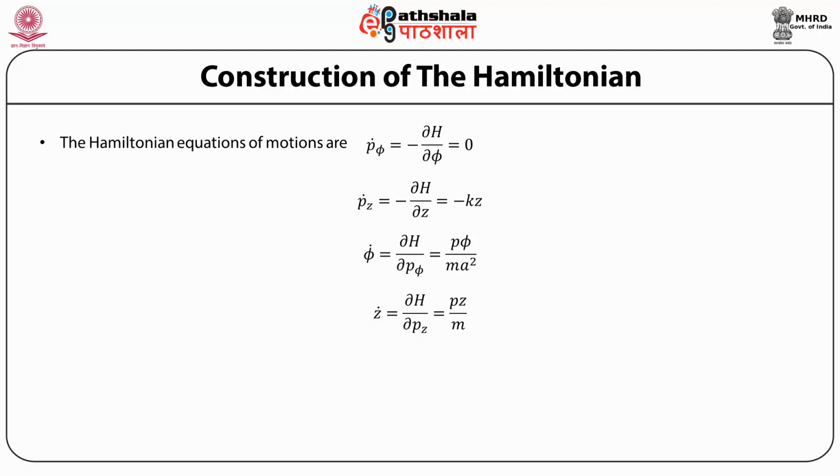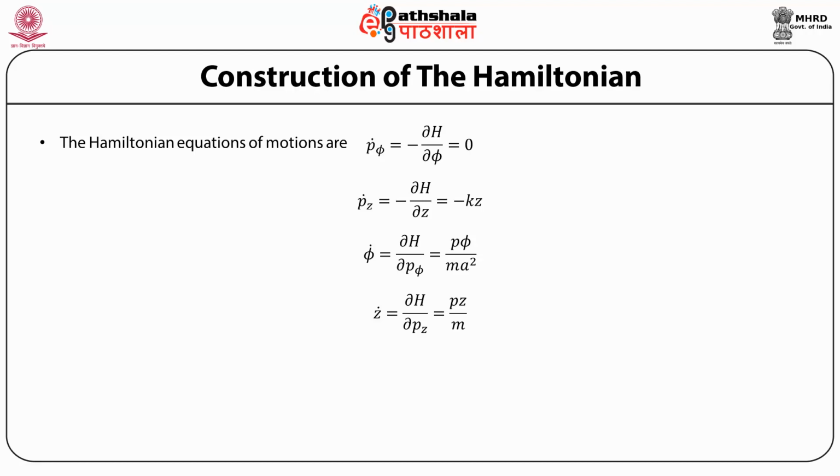That means the momentum conjugate to the coordinate phi is conserved, and p z dot is equal to minus the partial derivative of H with respect to z, which is minus k times z. Therefore, the equations become phi dot equal to dH by d p phi, which is p phi by m a square, and z dot equal to the partial derivative of H with respect to p z, which is p z by m.